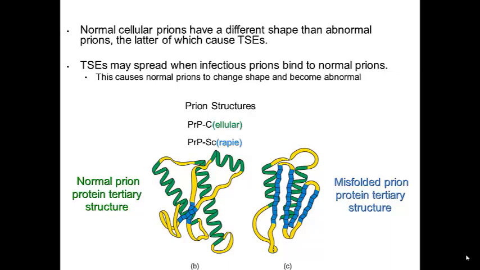The replication of prions is complex, but the summary is that it involves these mutant prion proteins converting normal cellular proteins to mutant prion form proteins.